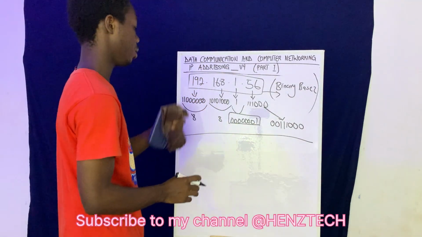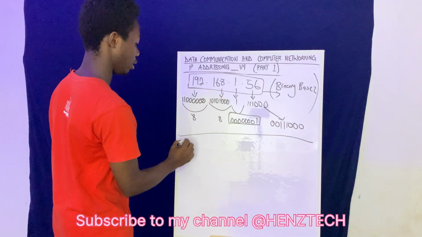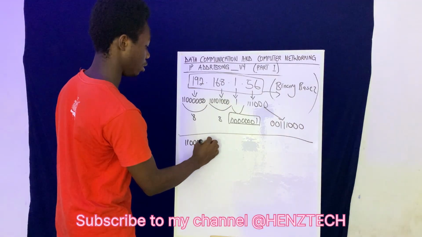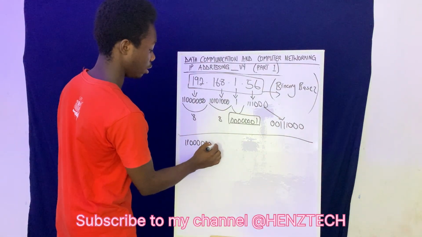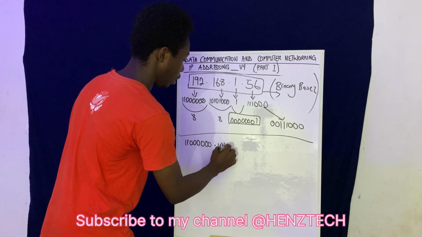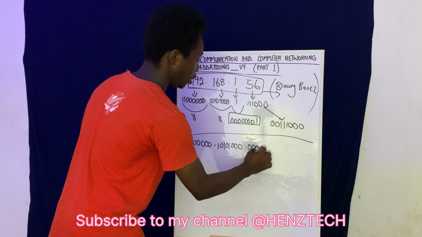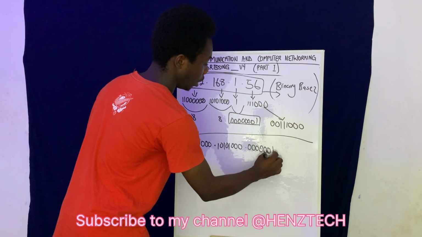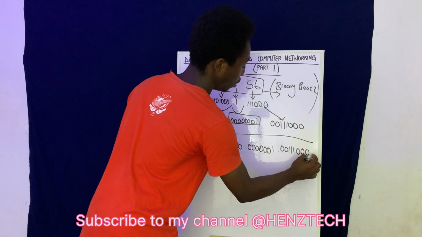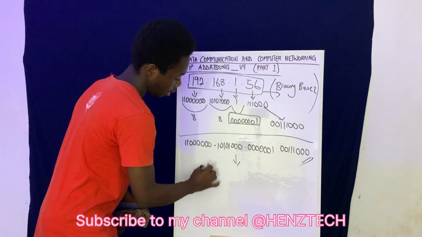So in all, the binary for this IP address is 11000000 dot, we are dealing with IP addresses, then 10101000, then 00000001, then 00111000. So this is the binary for this.